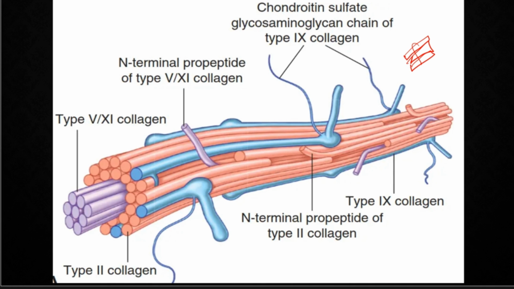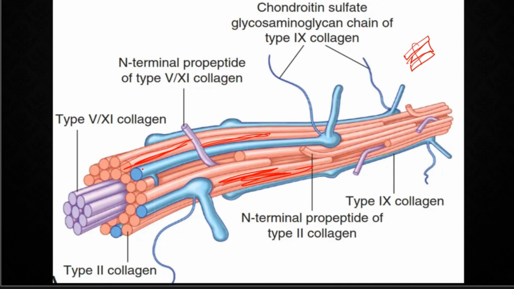The most common type of collagen that we have in vitreous is type 2 collagen, depicted here in red, or you can say pink color. The red structure here is the type 2 collagen, which forms the major structure of the vitreous, and it accounts for about 3/4 of the total vitreous collagen.